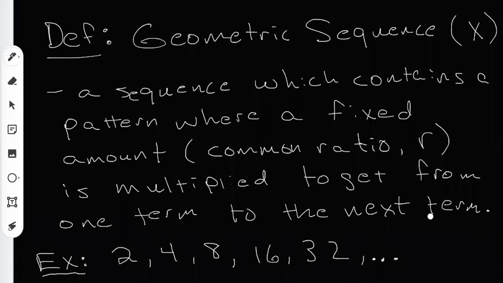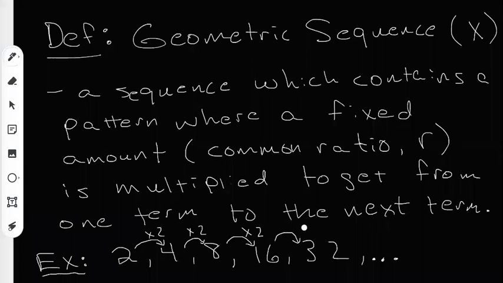So what is the pattern? What are we multiplying by each time to get to each next term? From 2 to 4, we're multiplying by 2. To get from 4 to 8, we're multiplying by 2. To get from 8 to 16, we're multiplying by 2.